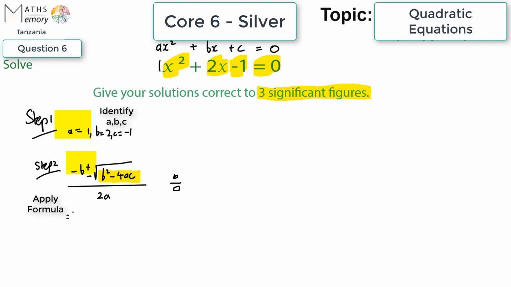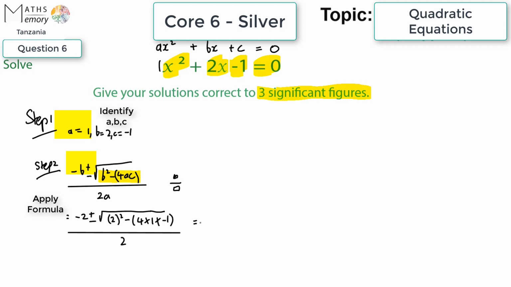So we've got minus B. B is 2, so minus 2 plus or minus the square root of 2 squared. I always like putting brackets around this, you'll see why for negatives, minus 4 times A times C. A is 1 and C is minus 1. The whole thing is over 2A, which is 2 times 1, simply 2.